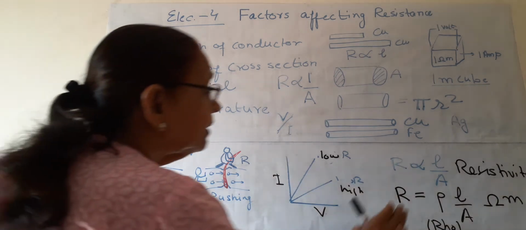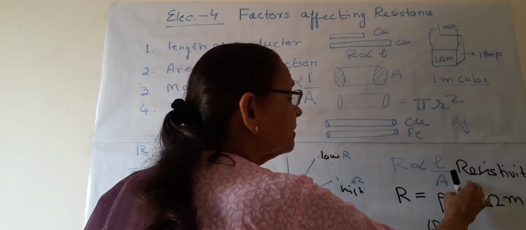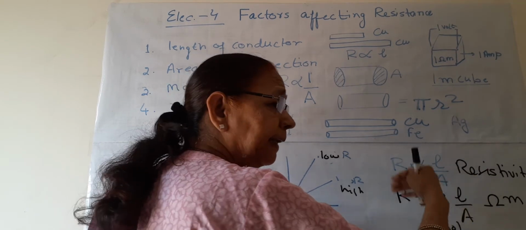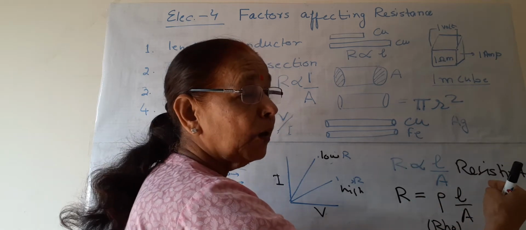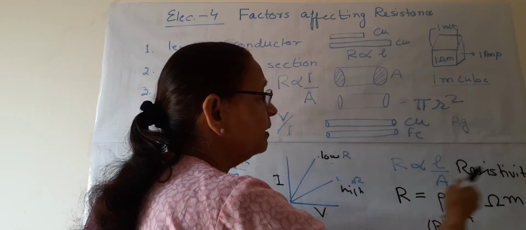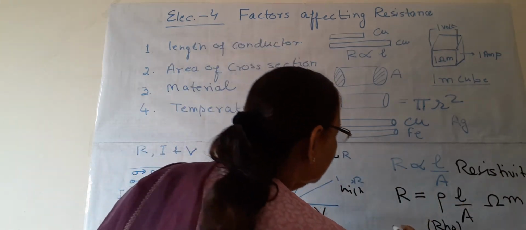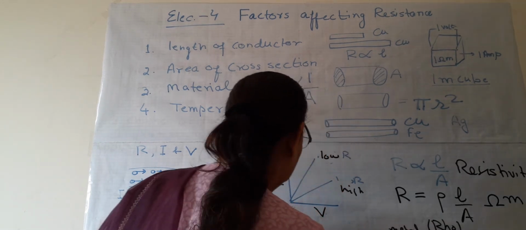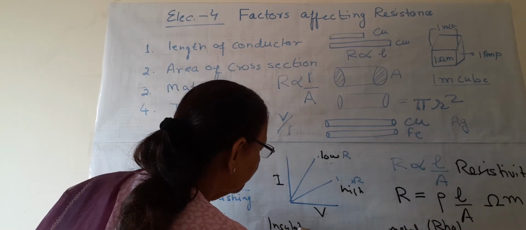And this resistivity is highest for insulators, then comes the semiconductors, then the alloys, and then the conductors. So this is the order of resistivity: conductors, or metals, have the least and insulators have the most.